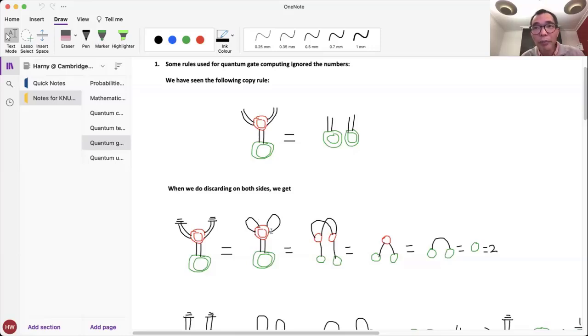Okay, so now we want to simplify this diagram, and then we write them into a single diagram. So what does this mean?